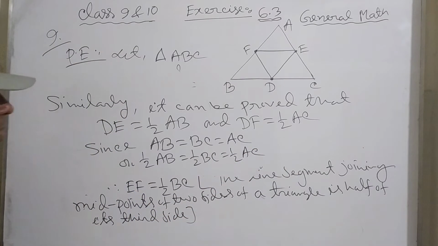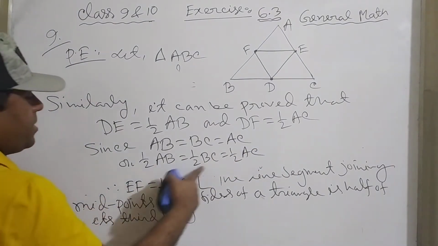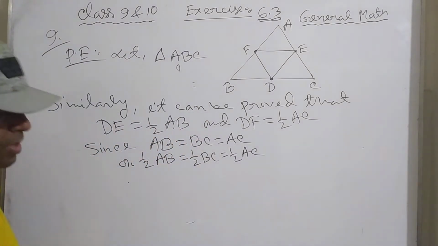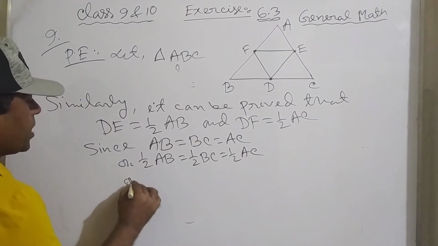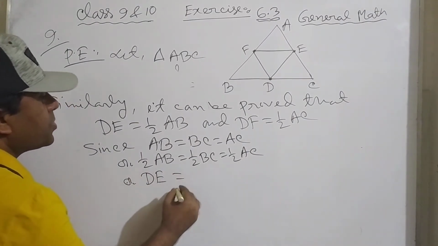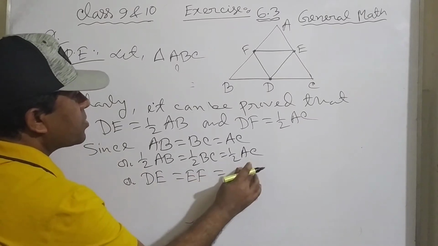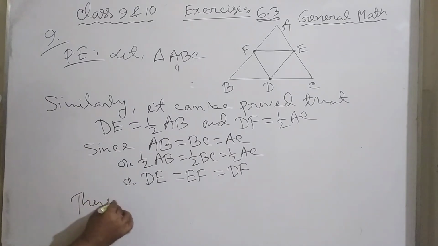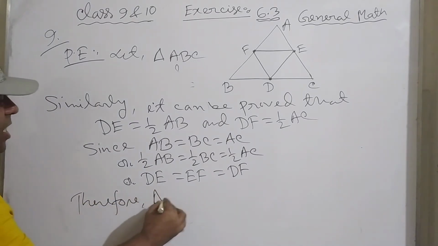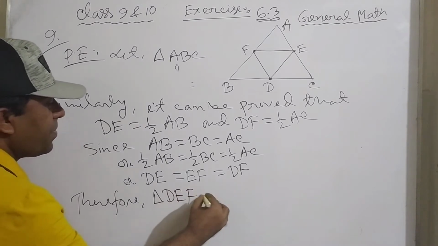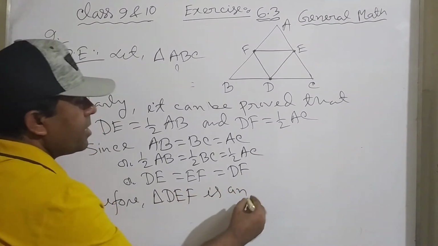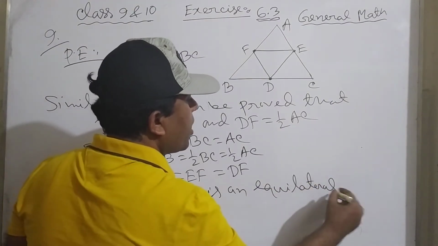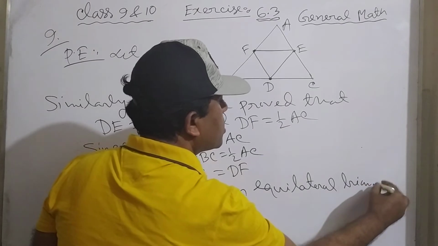So DE equals EF equals DF. Therefore triangle DEF is an equilateral triangle. Proved.